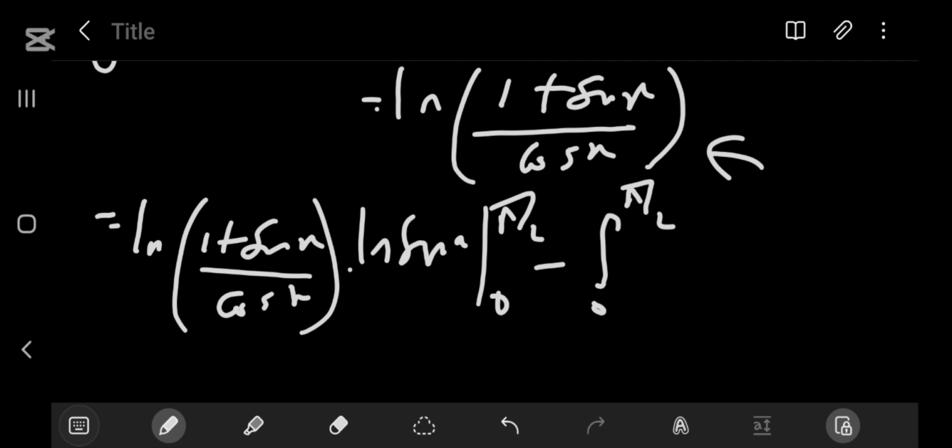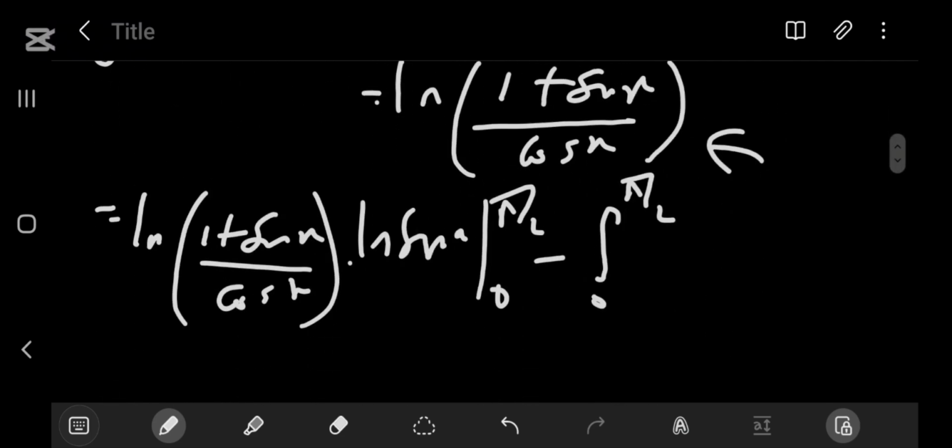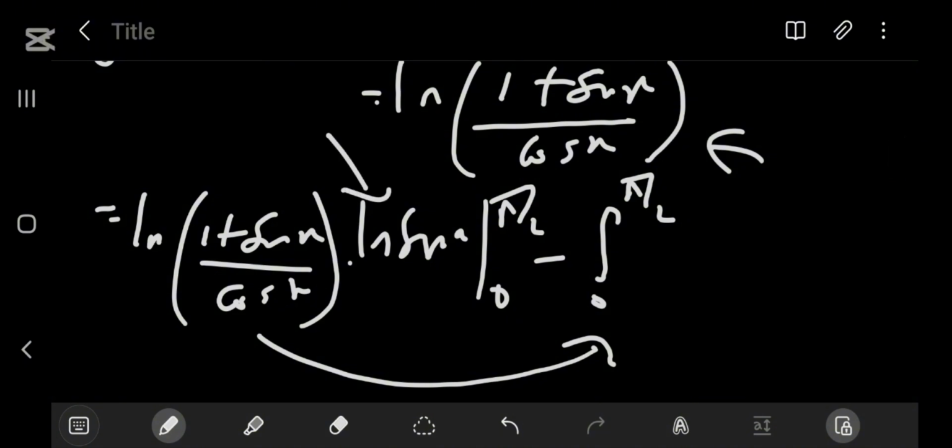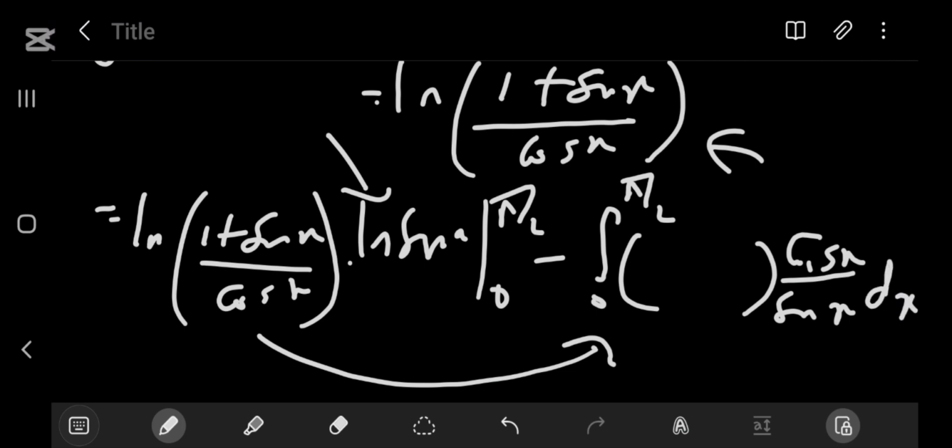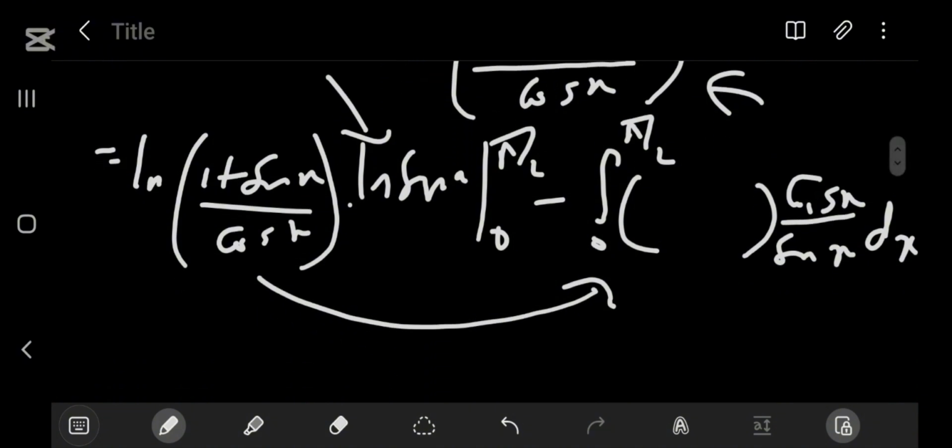Well, now what we have here, we need to put this part back here again, and we have to differentiate ln sin x and put it back there. So this part actually becomes here, and when we differentiate ln sin x, we'll get cosine x over sine x dx. Okay, cool. So we know that this boundary part actually becomes 0.